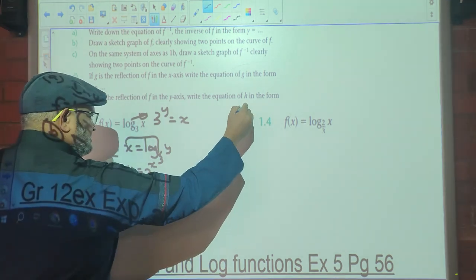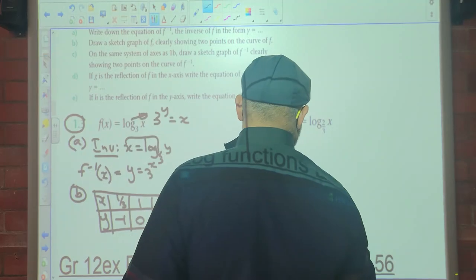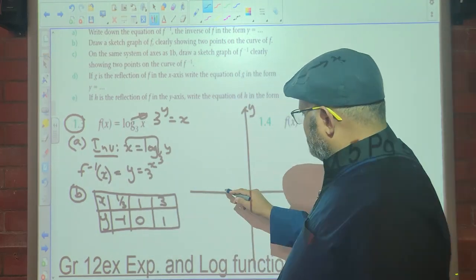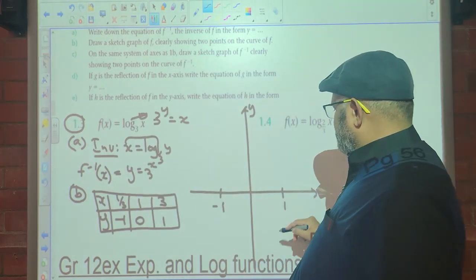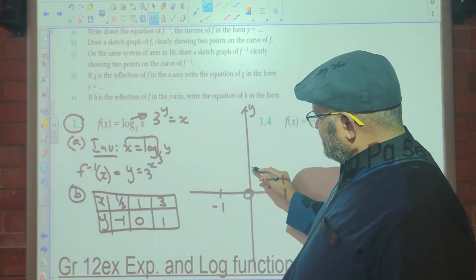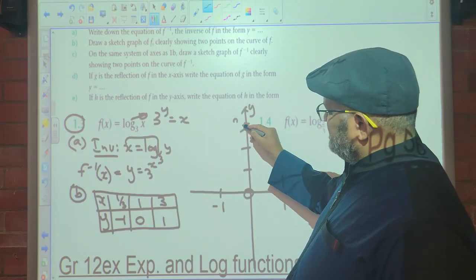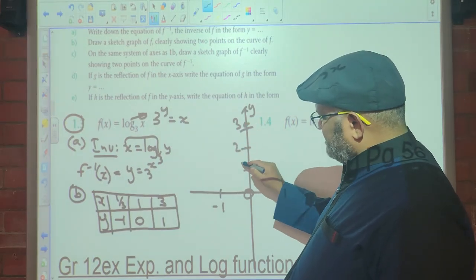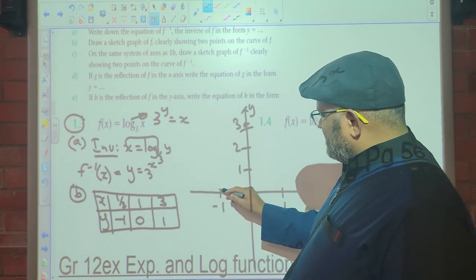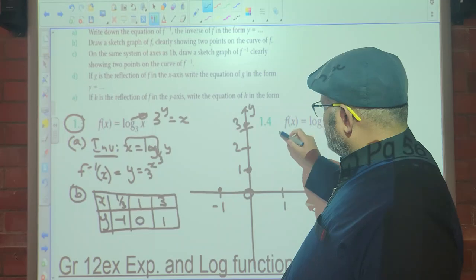So we draw. If x is -1, y is a third. X is 0, y is 1. X is 1, y is 3.